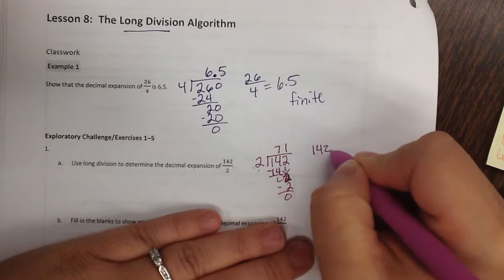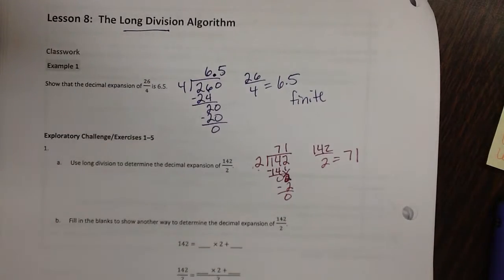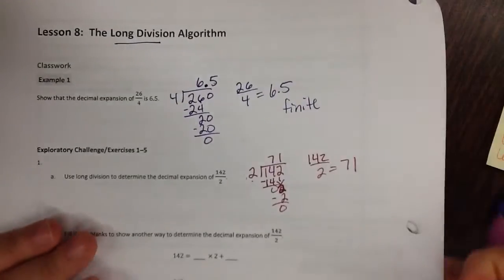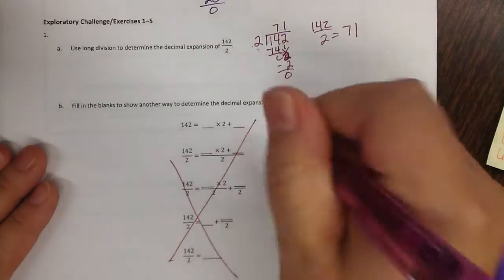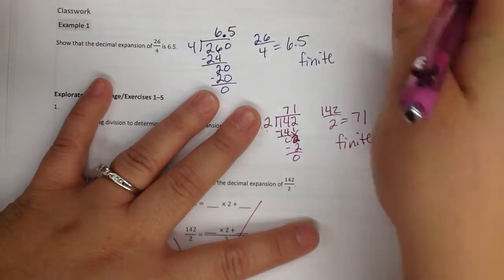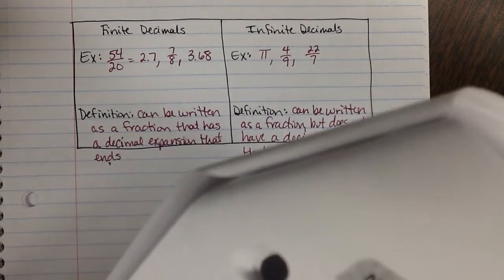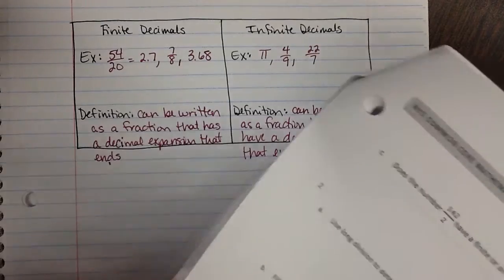So 142 over 2 equals 71. There's another way we can do it, but we're not going to worry about this. Okay, and this would be finite as well.